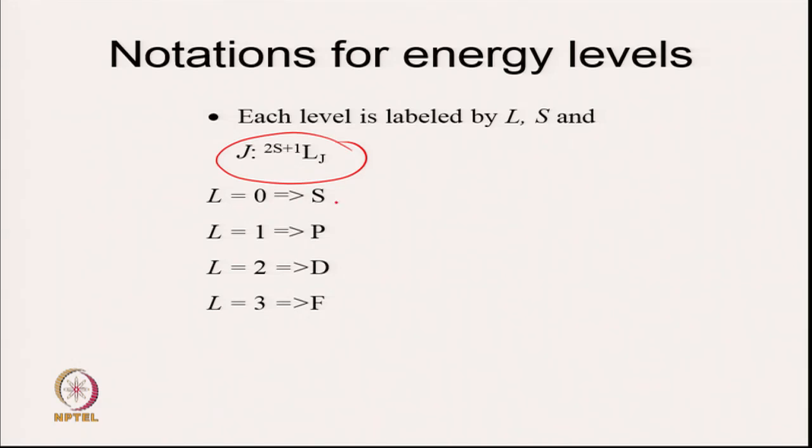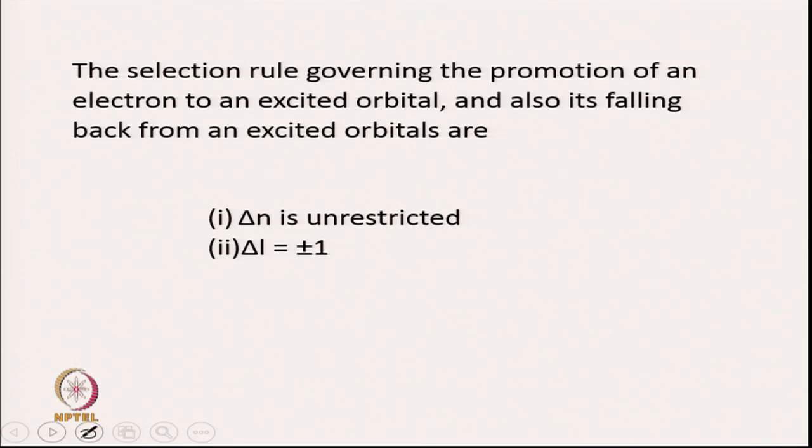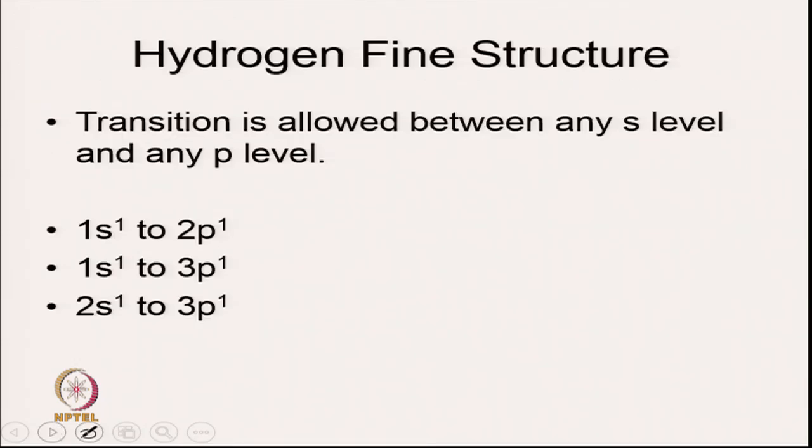If L is equal to 0, you give the value S, if L is equal to 1 give P, if L is equal to 2 you label it D, and if L is equal to 3 label it F.